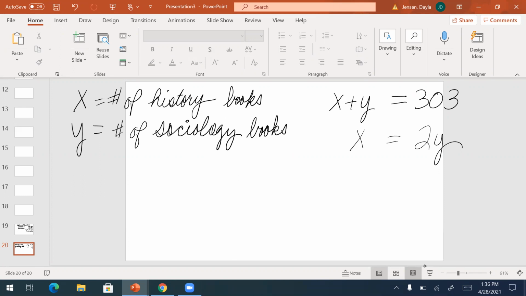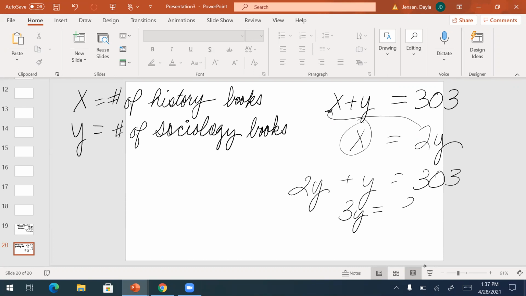I can use substitution. I know what X is, so I can substitute 2y in here for X, because X is 2y. And now I have 3y equals 303. So y must be 101.